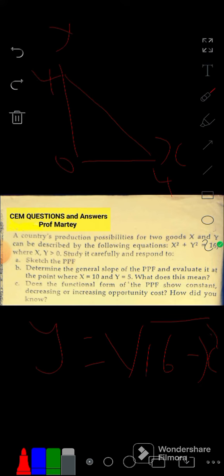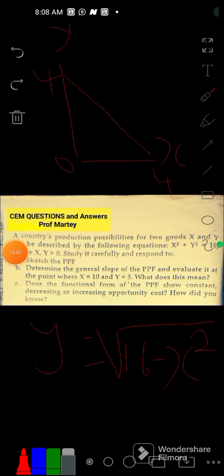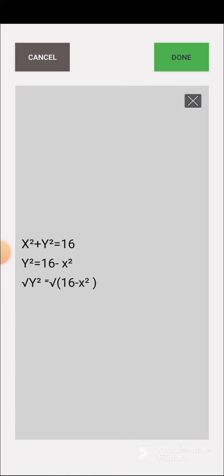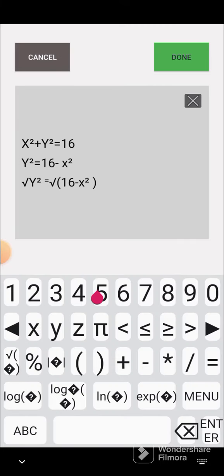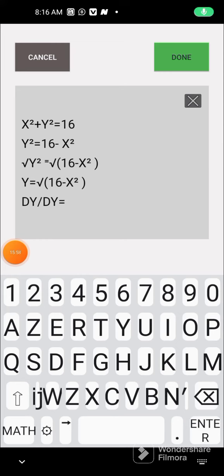We are putting our y here. Our y is equal to the square root of 16 minus x squared. Now let us solve our dy over dx, which is also equal to the derivative of y.